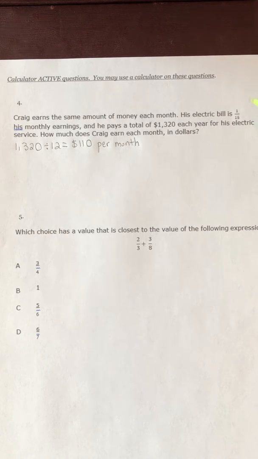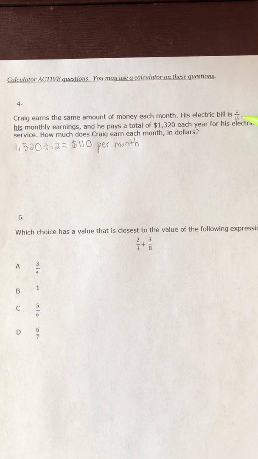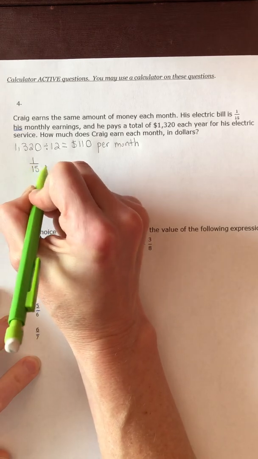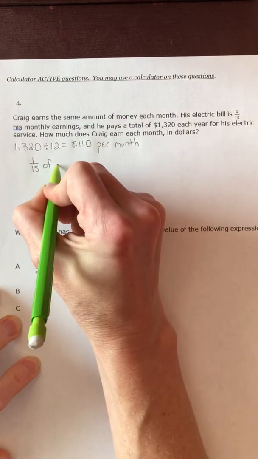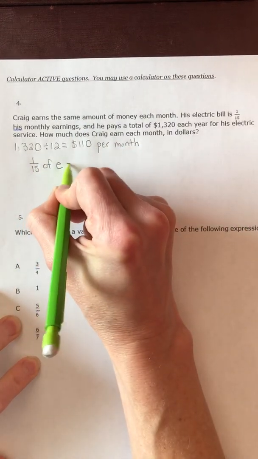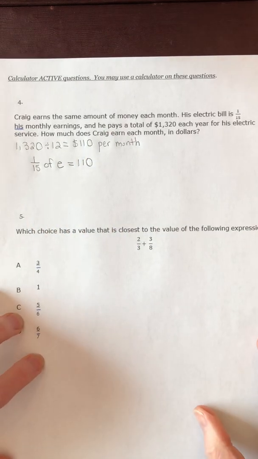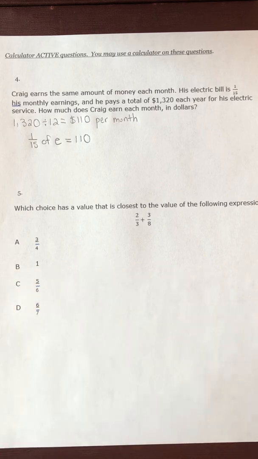Now it says that his electric bill was 1/15 of his monthly earnings. So 1/15 of, let's just say E for monthly earnings, was equal to $110 because we know that that's how much he paid each month for the electric bill.